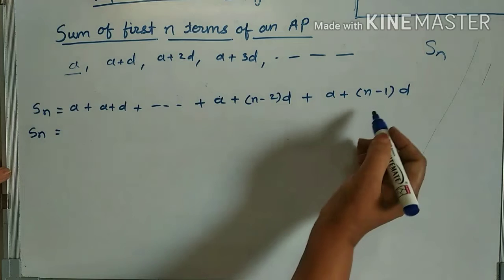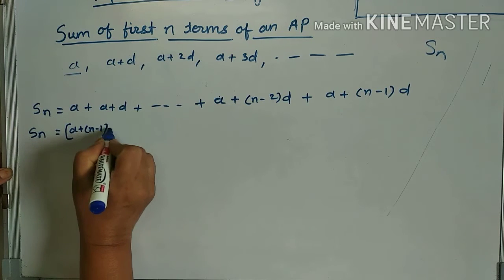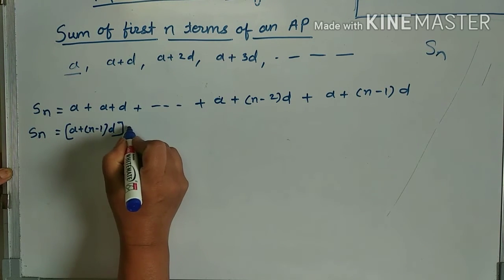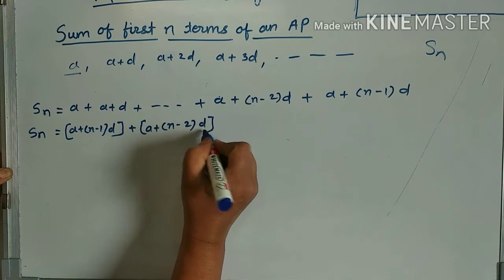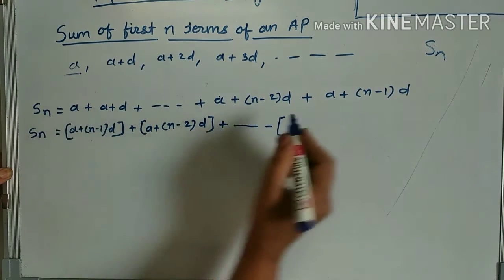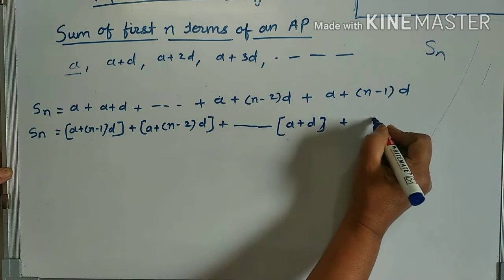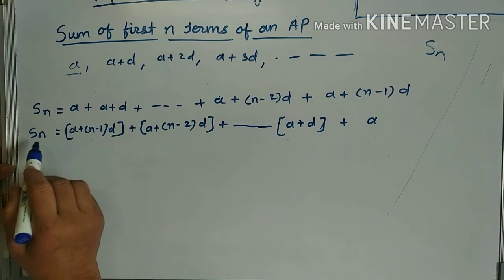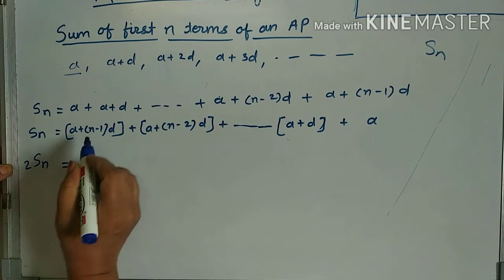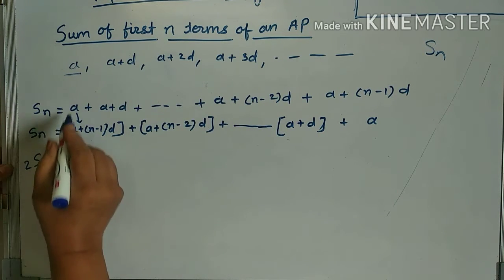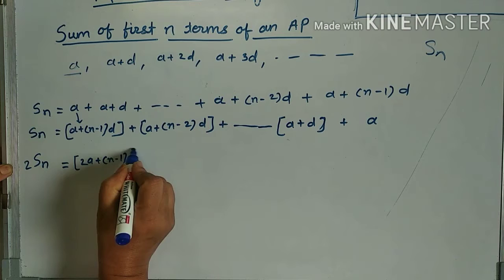Sn equals, we write this term first, A plus n minus 1 D, then this term A plus n minus 2 D, and so on, plus A plus D, plus A. Now on adding these we get Sn plus Sn, 2Sn, equals: we add these two terms A plus A, 2A plus n minus 1 D as it is.